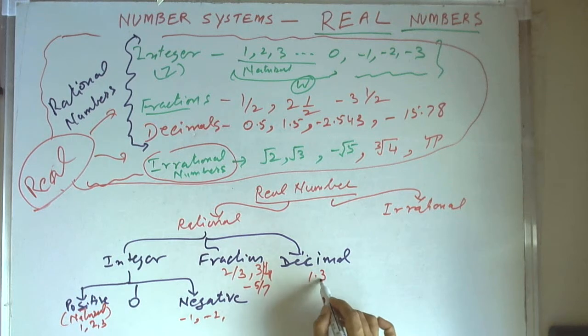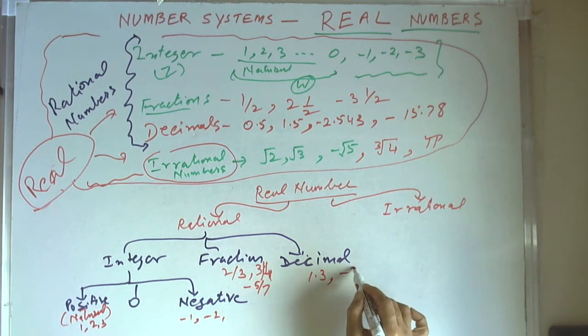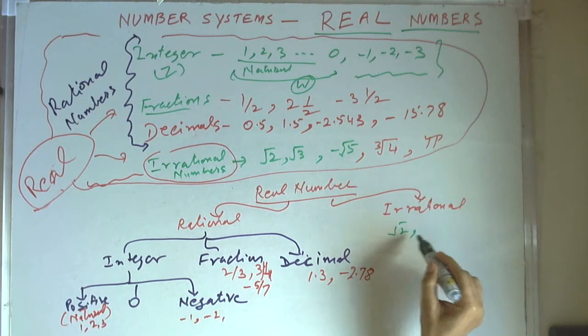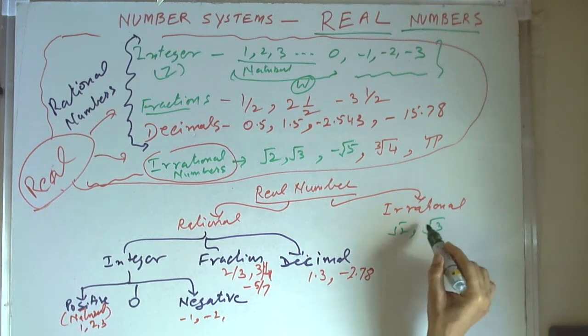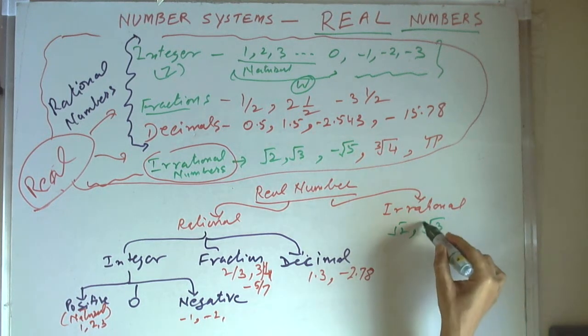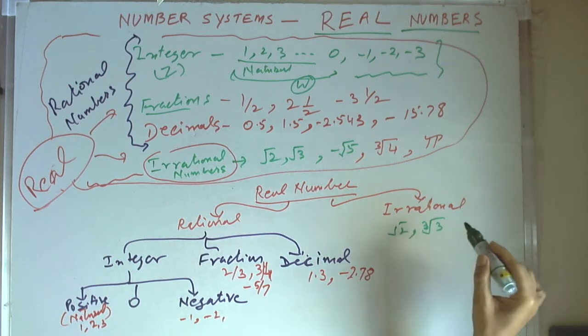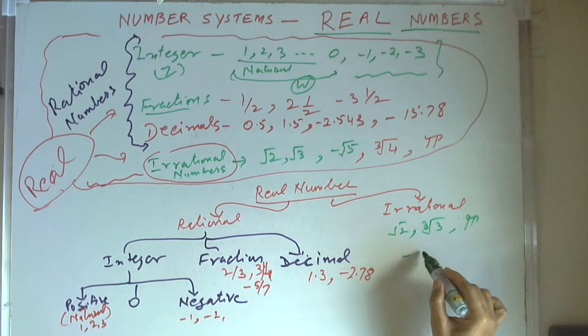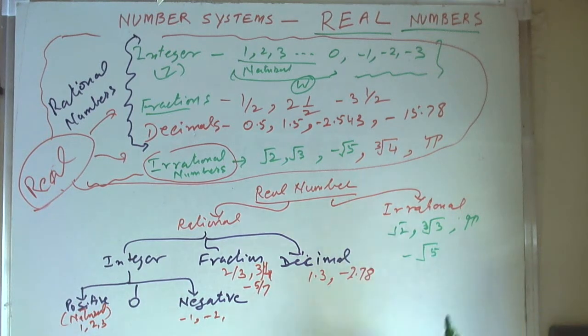Examples of decimals are 1.3, minus 2.78. And examples of irrational numbers, as we have seen, are under root 2, cube root of 3, pi, minus under root 5.